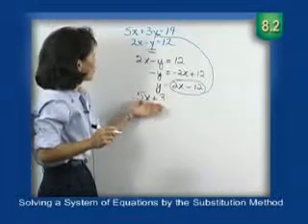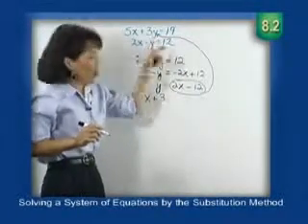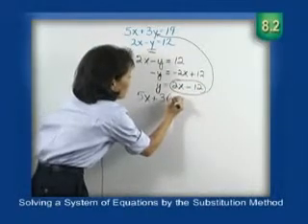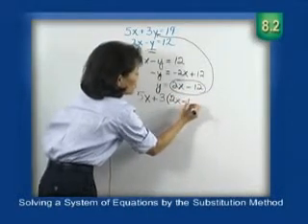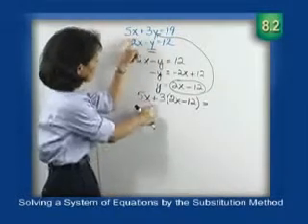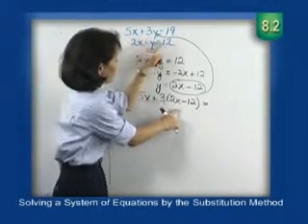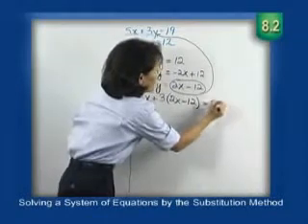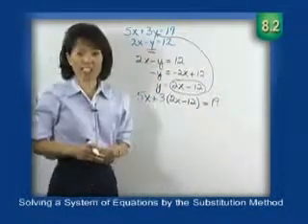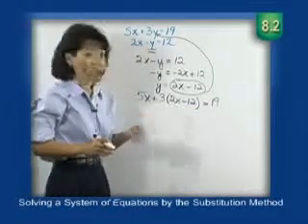In place of y, we're going to put in this 2x minus 12. So 3 times the quantity 2x minus 12, that's equal to, here's my 5x plus 3y equals 19. Now my job is just to solve this simple linear equation for x.